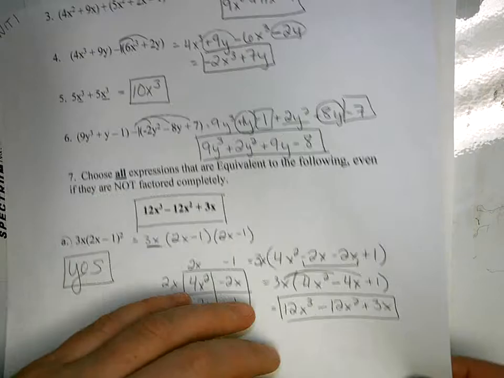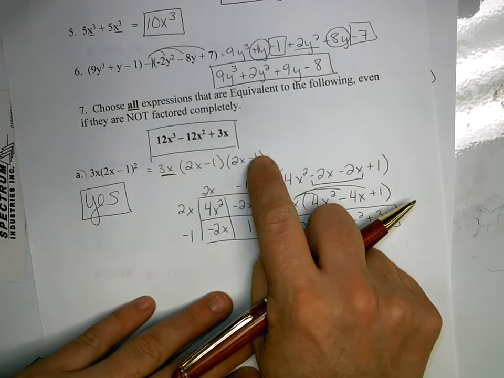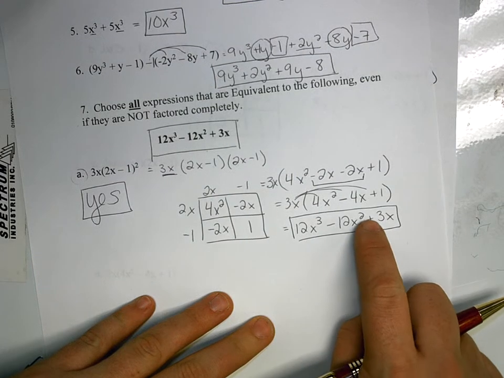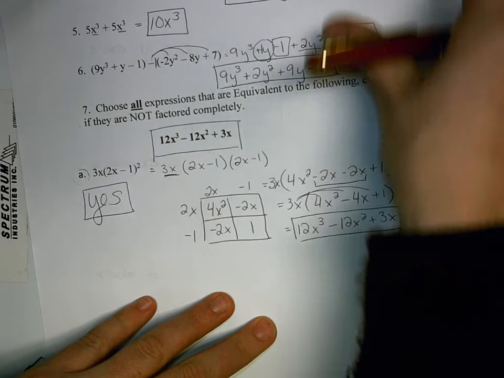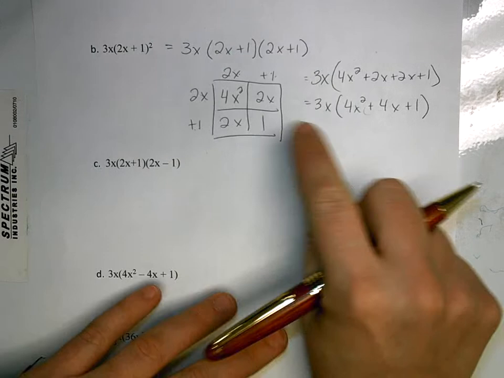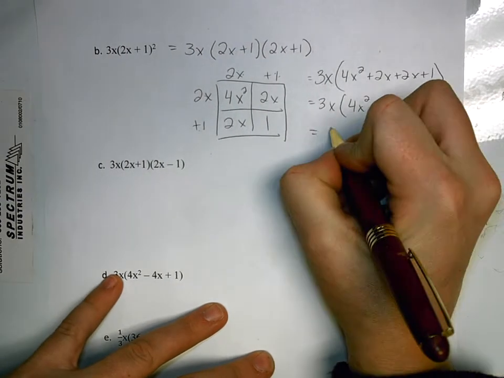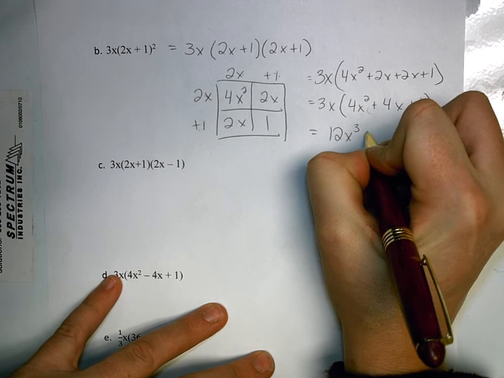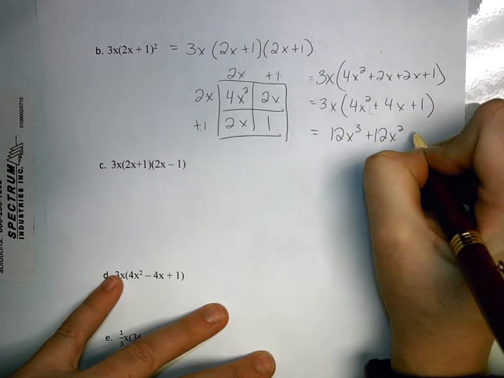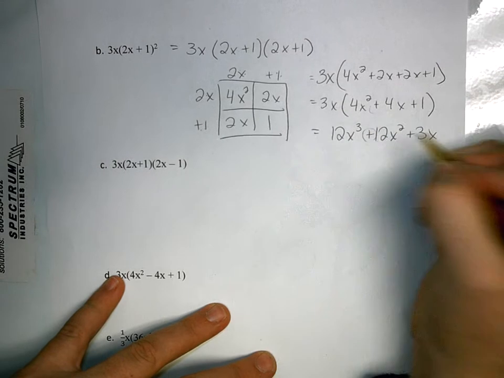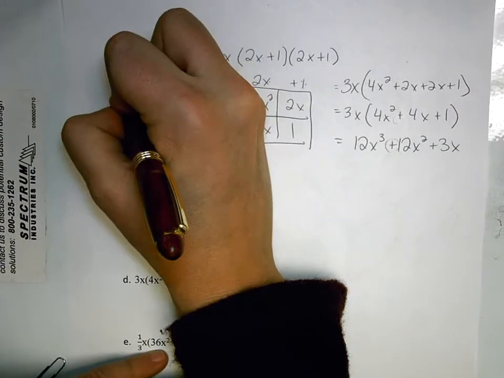If I look at my expression, my middle term is negative. This one worked because my middle term was negative, but if I'm going to multiply 3x times a positive 4x, I'm going to get a positive 12x squared. And this expression is not equivalent because that sign right there is not negative, so that is a no.